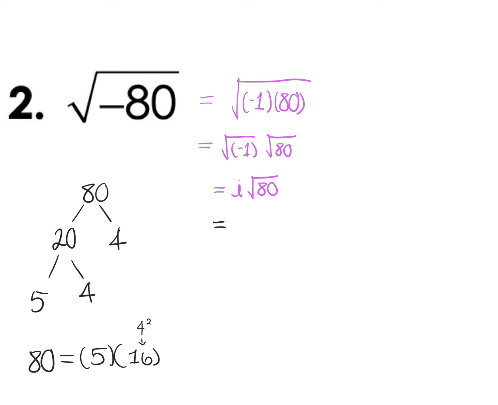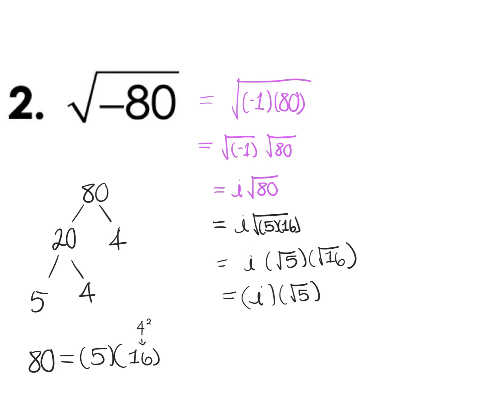So I'm going to go back here. This will be i square root of 5 times 16. So then this is going to be i times the square root of 5 times the square root of 16, which will then be i times the square root of 5 times 4, which will be 4i square root of 5.